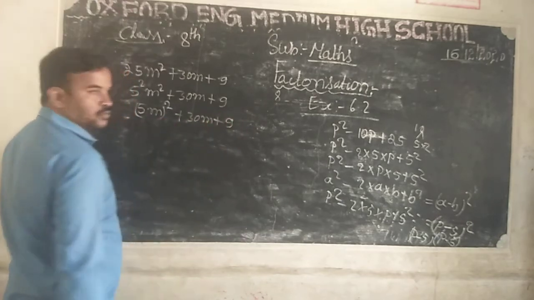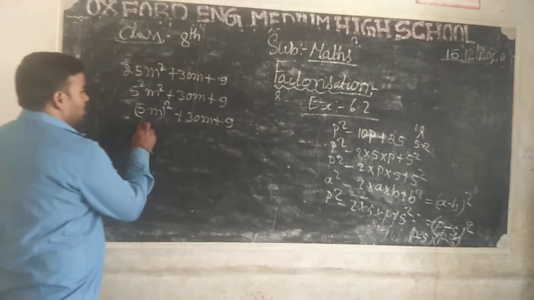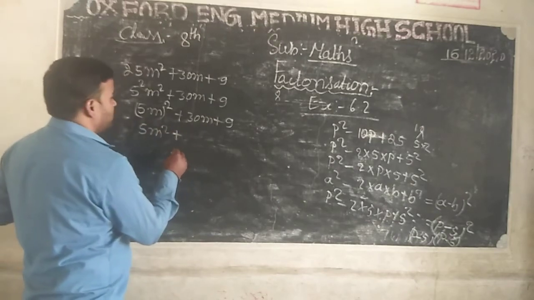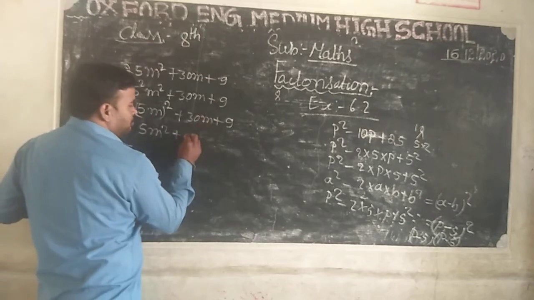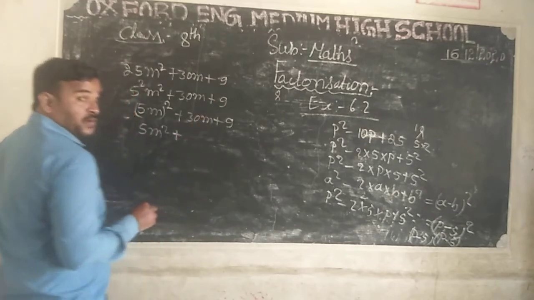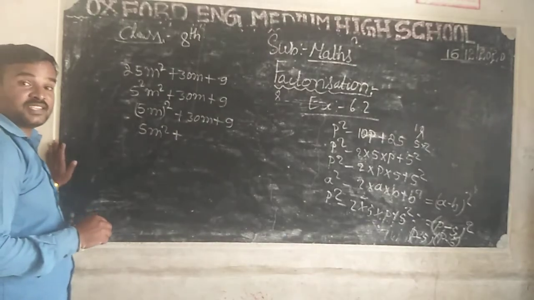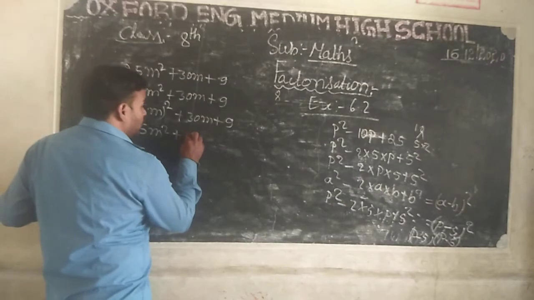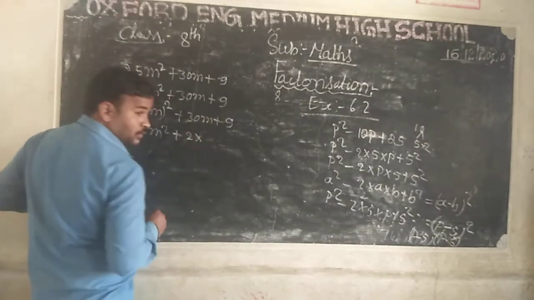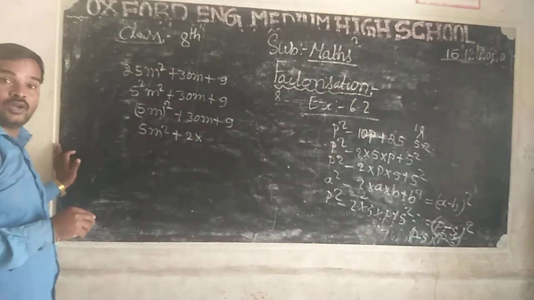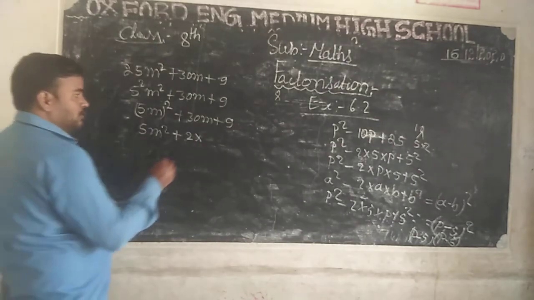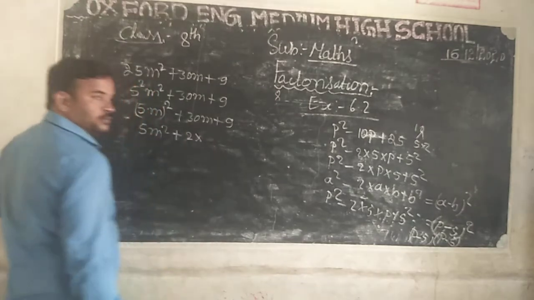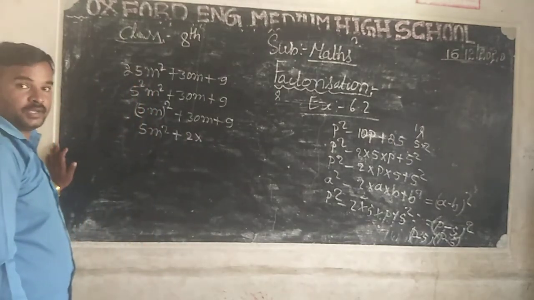So again you split out the middle term. 30m means 2 into 5 into 3, or 2 into 15, right?